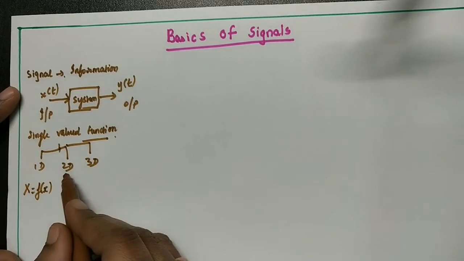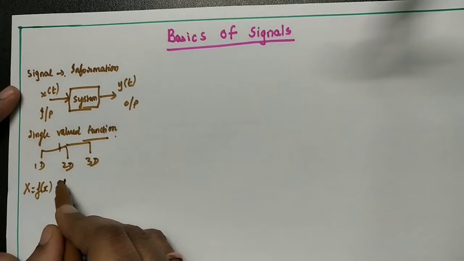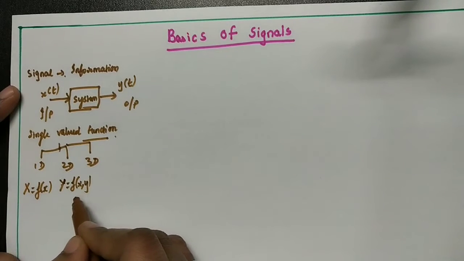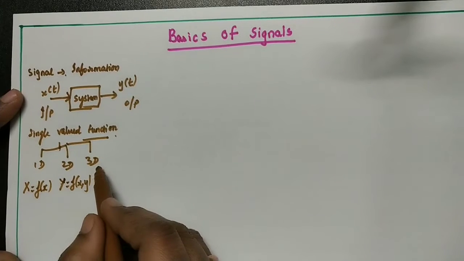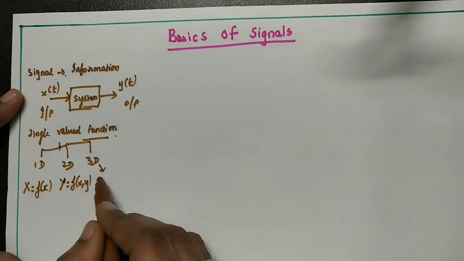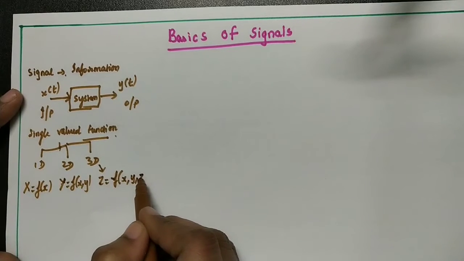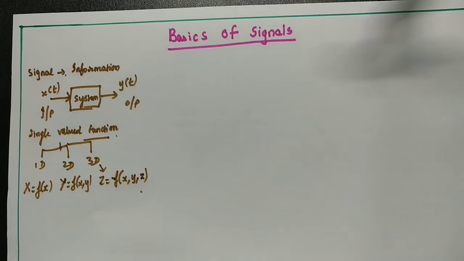If it is a two-dimensional signal, it is dependent on two variables, so we can term it f of x comma y, where x, y are the independent variables. Three-dimensional means it is dependent on three variables x, y, z. So this is a single valued function, and this is the basic signal representation.